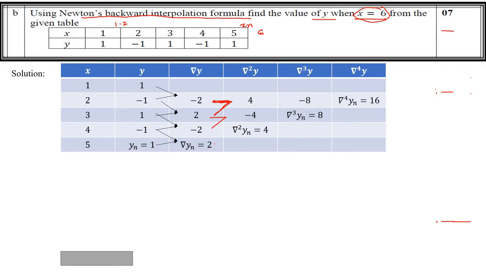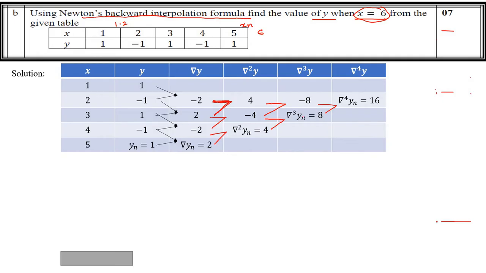Similarly, 2 minus of minus 2 becomes plus 4. Similarly, last you can take the third difference: minus 4 minus 4 becomes minus 8. 4 minus of minus 4 is plus 4, so 4 plus 4 is 8. So finally, 8 minus of minus 8 becomes 16.